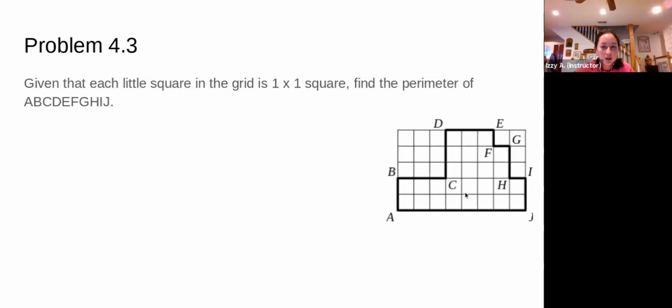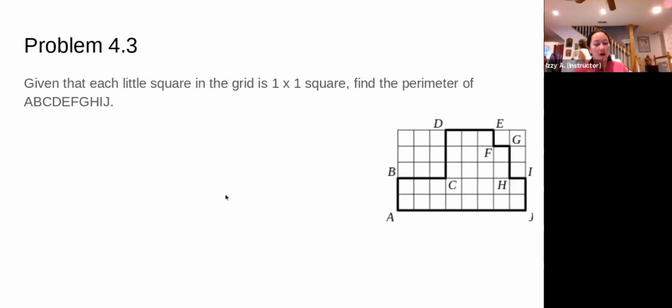And then on the other hand, if you look at the vertical lines, you can see, okay, BA covers 2, DC covers 3, and so then that's going to be 5. And then if you look at the other side, EF covers 1, GH covers 2, IJ covers 2, so then that's 5. So 5 plus 5 is equal to 10.